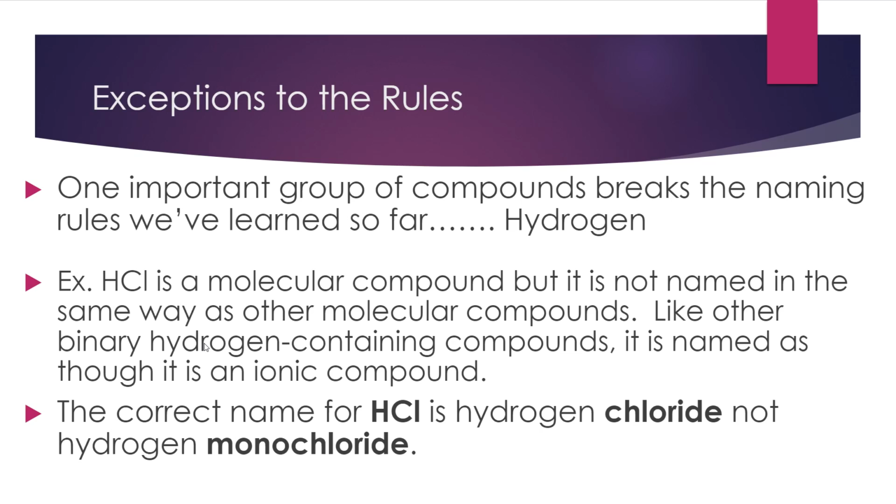Like other binary hydrogen-containing compounds, it is named as though it were an ionic compound. Remember that hydrogen acts like a metal, even though it's not. The correct name for HCl is hydrogen chloride, not hydrogen monochloride. So just remember that, okay? When we're dealing with hydrogen, we'll do this.